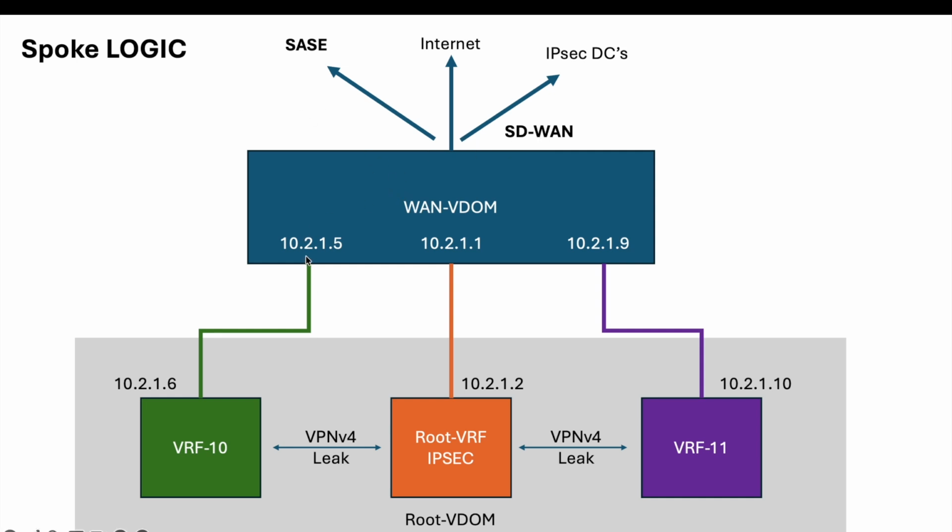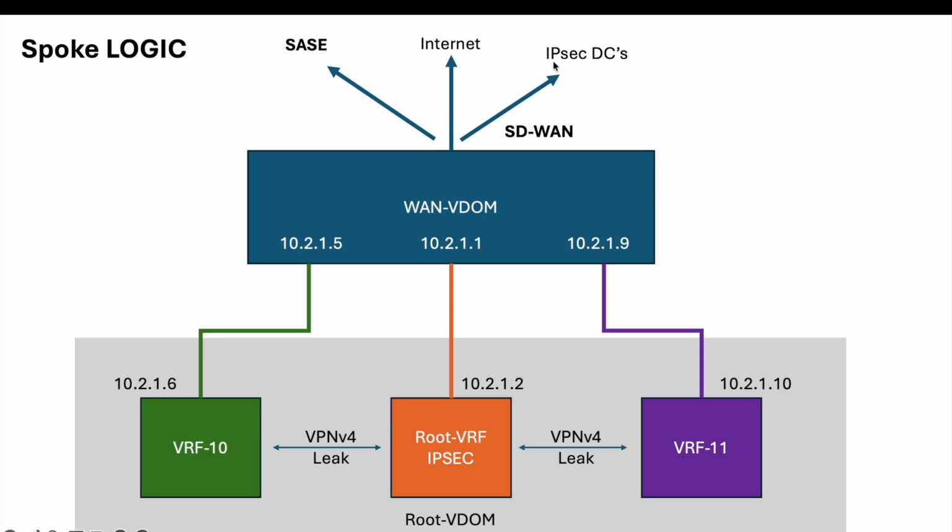So if traffic is coming along here, and it's destined for the internet, and the rule within SD-WAN says any traffic for the internet must go out to the SASE provider to be scanned, the SD-WAN will send it that way. If the SD-WAN rule says, well, this is internet traffic, but in actual fact, it's a SaaS application we trust, like maybe Office 365 or Salesforce, then you will have that policy above the SASE policy, so it gets hit first.